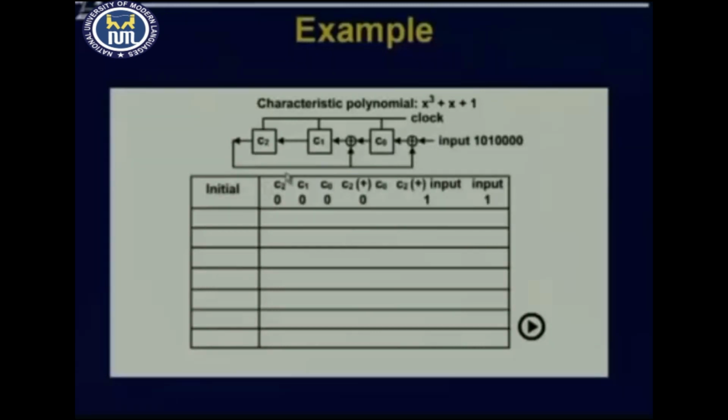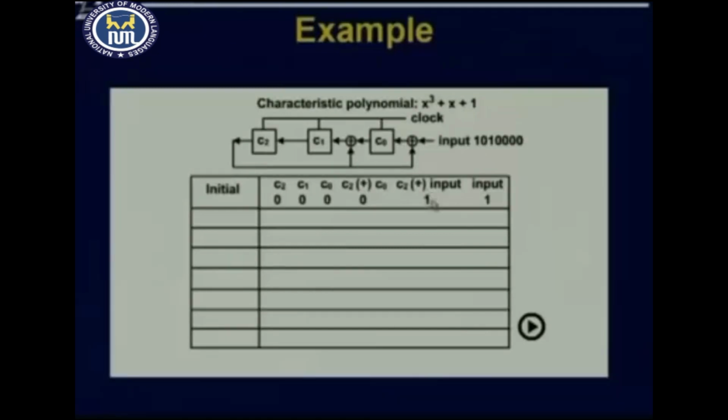So this is the initial condition where all flip-flops are 0. Make sure to understand one thing, that C0 is linked with C1 and C1 is linked with C2, and the C2 output is linked with the exclusive OR gates, and we can see the input.